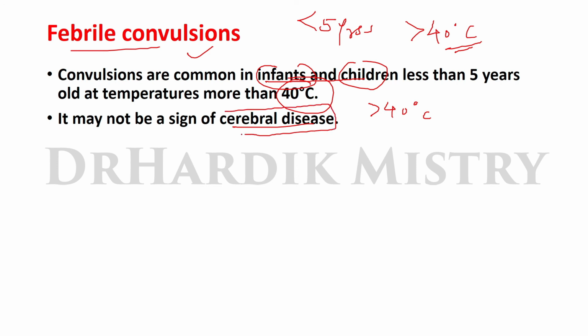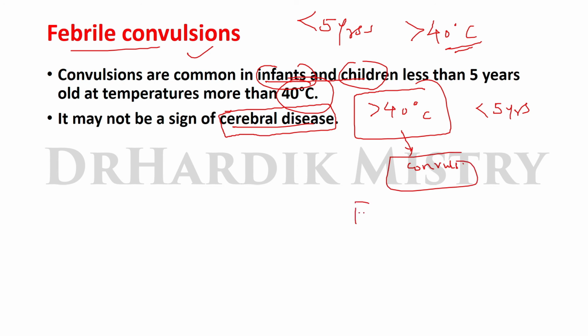That means there isn't any involvement of cerebral disease, but still the convulsion is present. The main cause of the convulsion is the high body temperature, more than 40 degrees Celsius, in infants and children less than 5 years of age. And when the high grade of the fever is followed by convulsion, this type of convulsion is known as febrile convulsions.